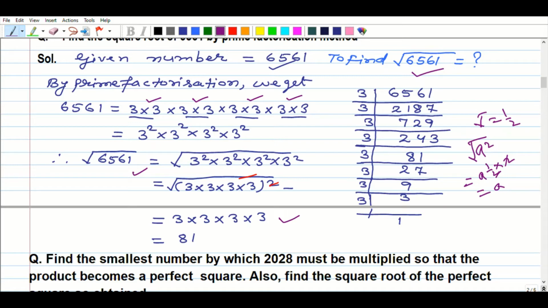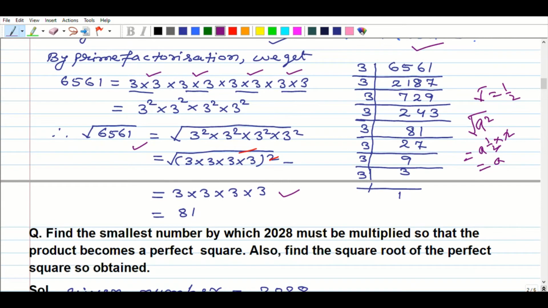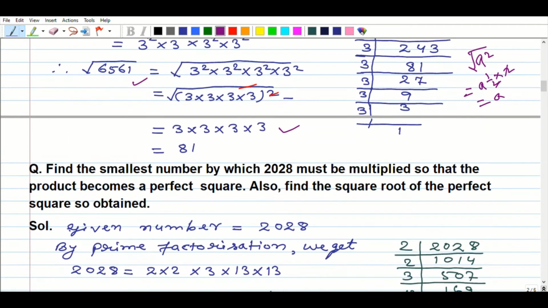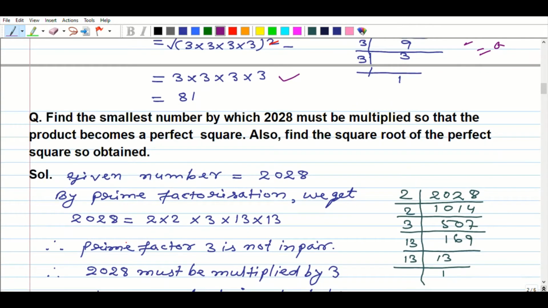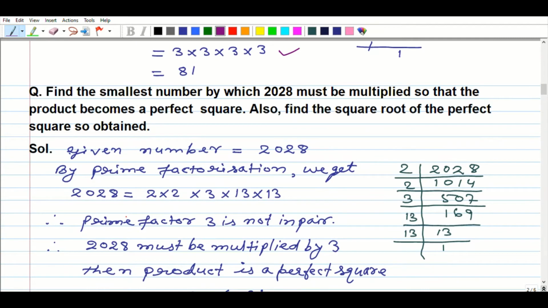Now let's come to the point. First, the given number we have is 2028. By prime factorization, 2028 equals 2 into 2 into 3 into 13 into 13. 13 and 13 form a pair, 2 into 2 form a pair, but 3 is not in a pair.